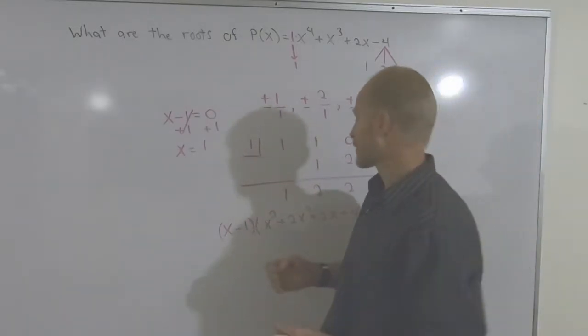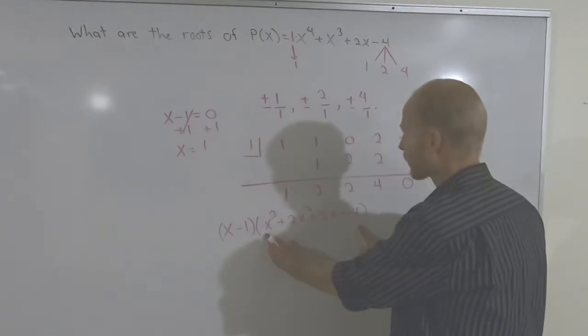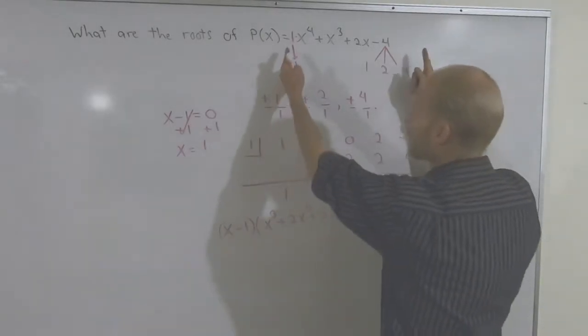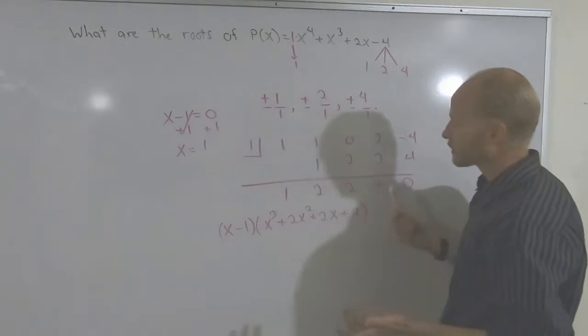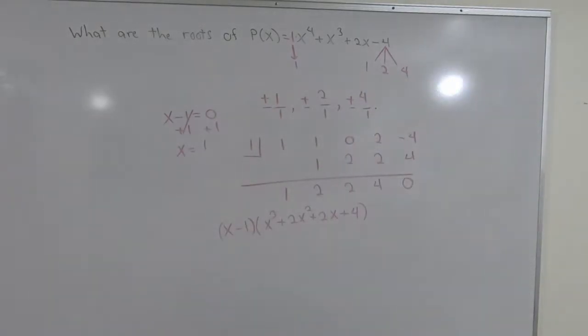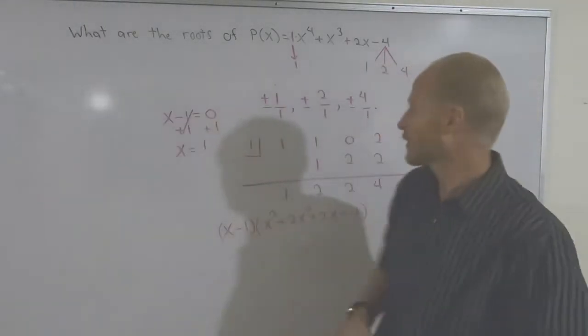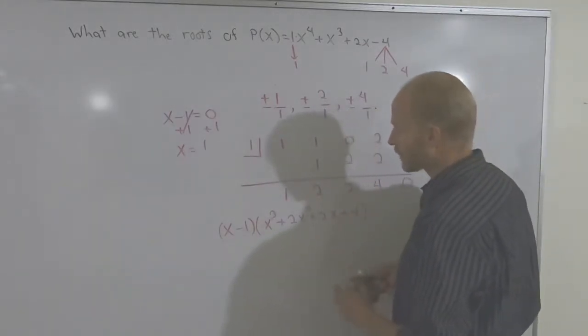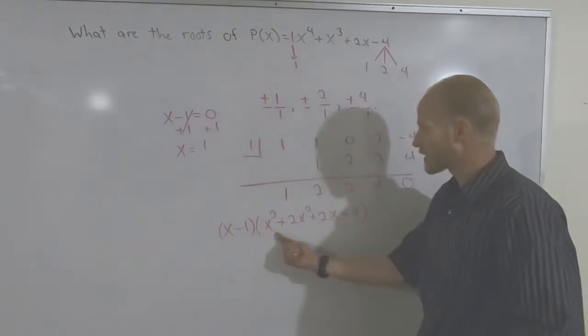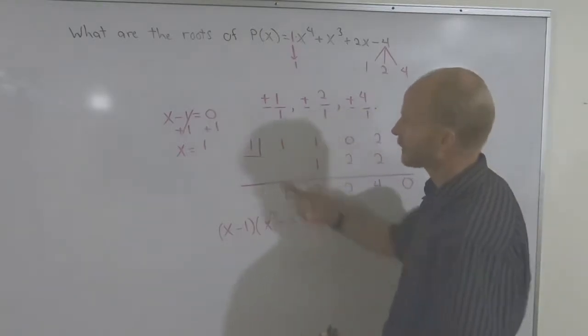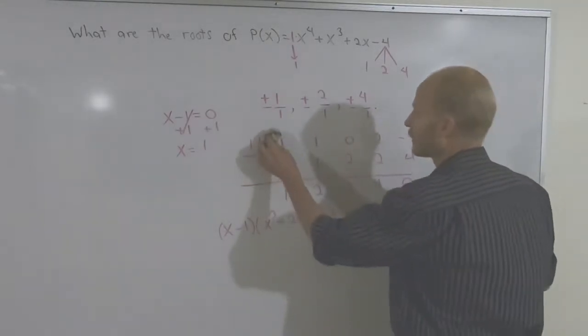All right. Now from here we can actually go ahead and continue. The cool thing is that this will divide by the same factors as this will. So I'm going to change my synthetic division over to these coefficients now. And I'm going to keep my same list of possibilities.